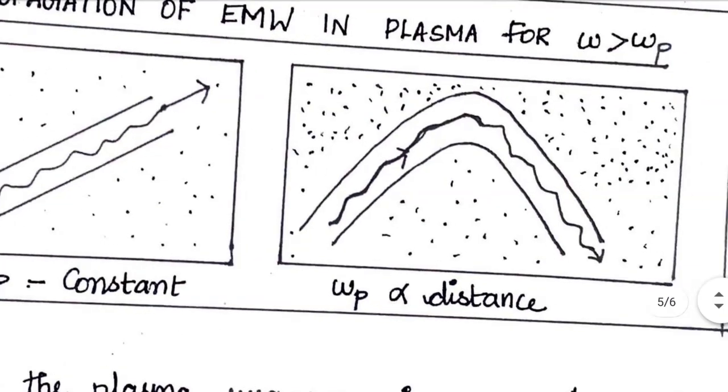That means as the wave rises, the plasma frequency of the medium is also increasing, which in turn decreases the refractive index of the medium. We know when a wave travels from a denser medium to a rarer medium, it will go away from the normal. So because of this, total internal reflection will happen. So the wave will bend and it is getting back to the surface of the earth.